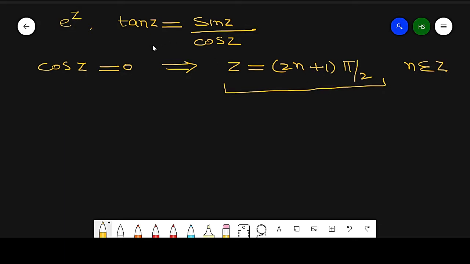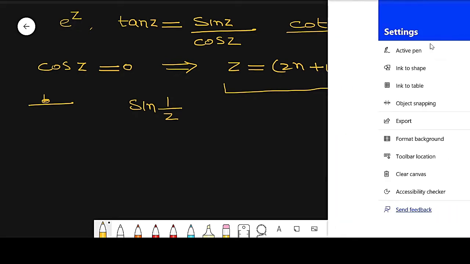This is a function which has infinitely many singular points. Similarly, cot of z also has infinitely many singular points. Similarly, the function sine of 1 by z. So we can discuss many functions which have singular points.